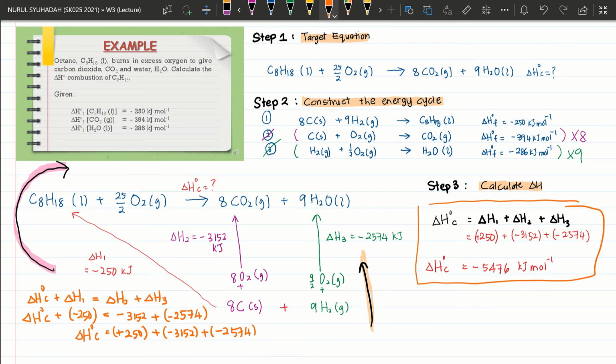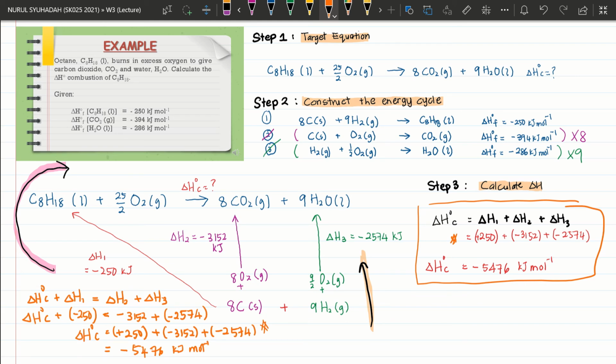Compare this one with the one that we did just now. It's the same. That's why I said you will get the same answer, which is negative 5476 kilojoule per mole.